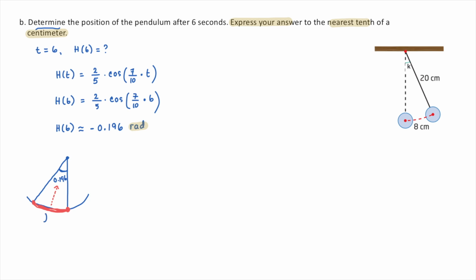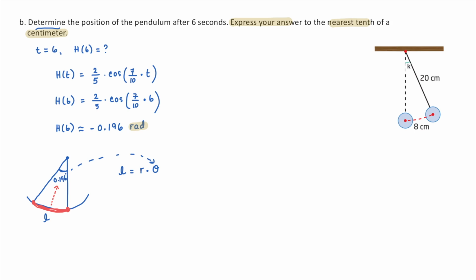Remember that we were calling that lowercase l back in the review that we did at the beginning of this video. And there we said that L is equal to R times theta, the central angle. We can keep calling it theta, or we can call it H. I'm going to keep it simple. Right now, this is my angle. Also, we don't care about the negative because length is always positive anyway. So drop the negative, keep everything positive.